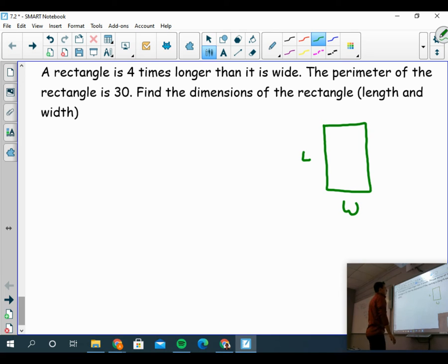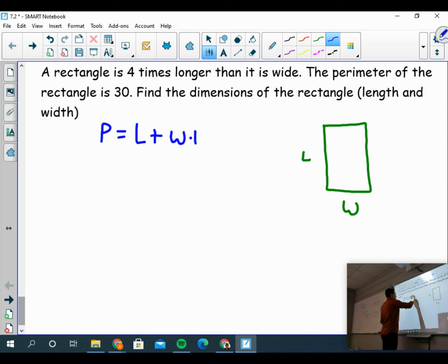So we have the length and the width. We also know the perimeter of the rectangle is 30. We want to find the dimensions. Well, let's start with the perimeter of a rectangle because I think that's the easiest spot. To find the perimeter of a rectangle, we know we just add up all the sides. All right, length plus width and length plus width.